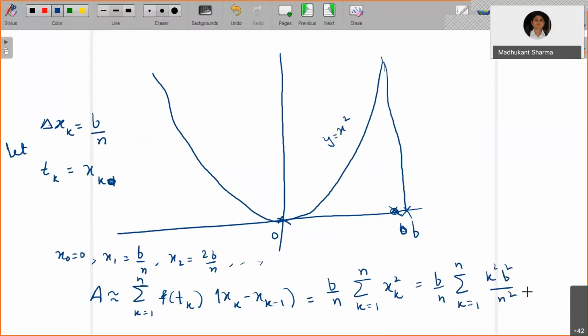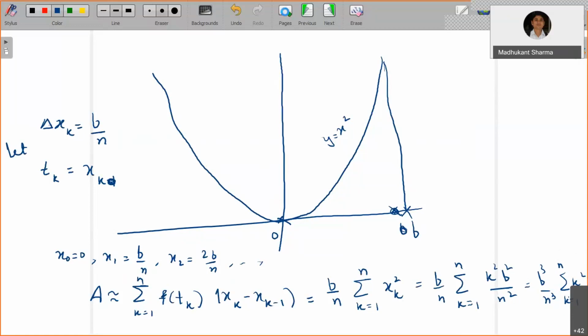So this is b cube by n cube times the summation of k square, k equals 1 to n. So this is the square terms, 1 square plus 2 square plus 3 square and so on plus n square, and you know the sum of these square terms is n into n plus 1 into 2n plus 1 by 6.